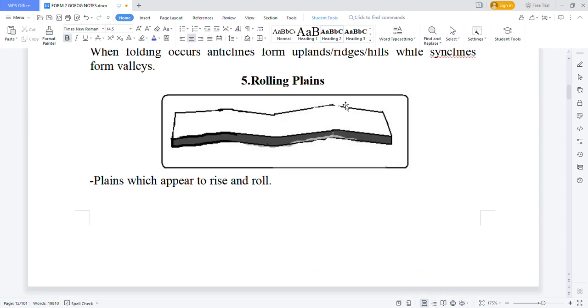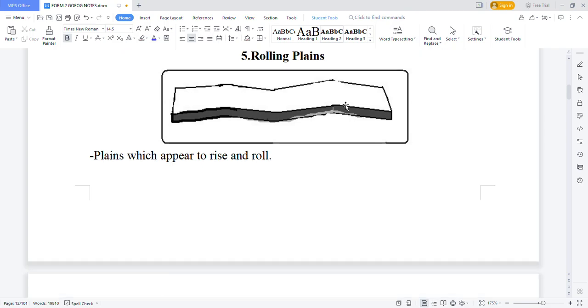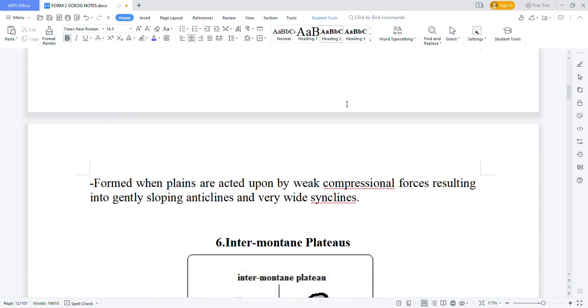Rolling plains, which appear to rise and roll, are formed when plains are acted upon by weak compressional forces, resulting in gently sloping anticlines and very wide synclines.